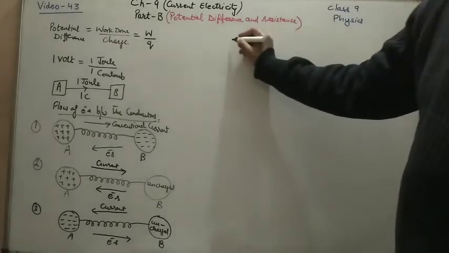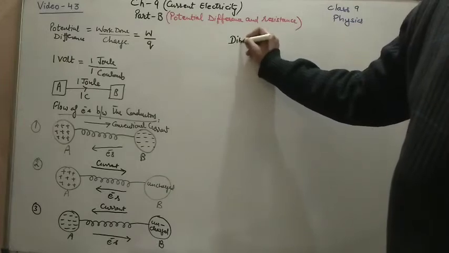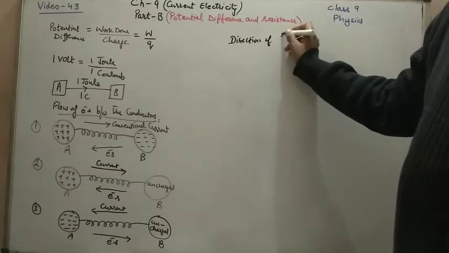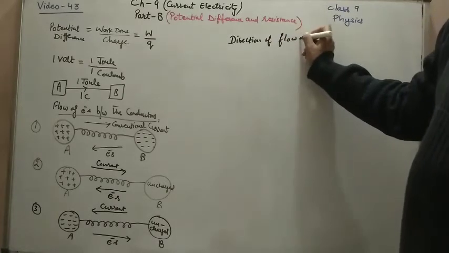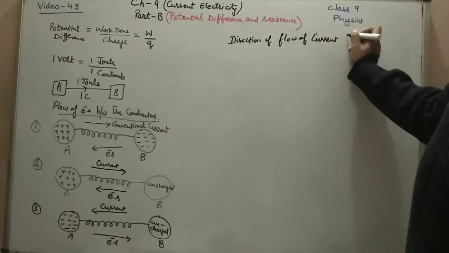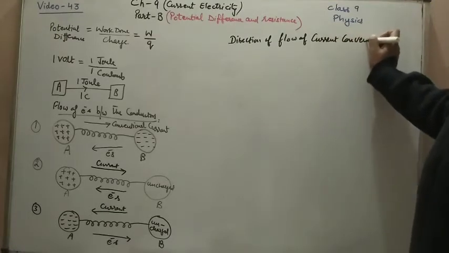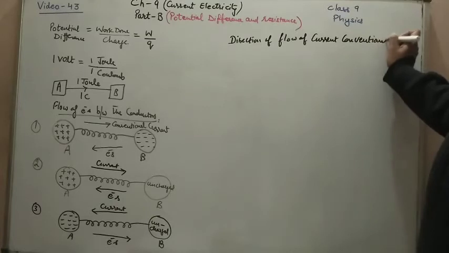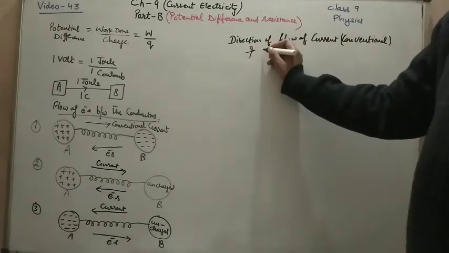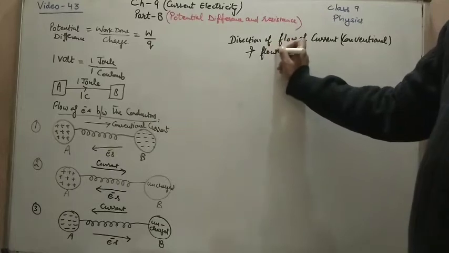Next is the direction of the flow of conventional current and the flow of electrons.